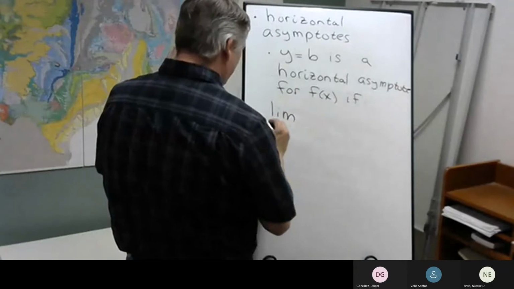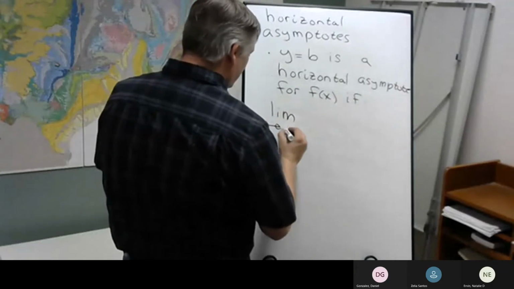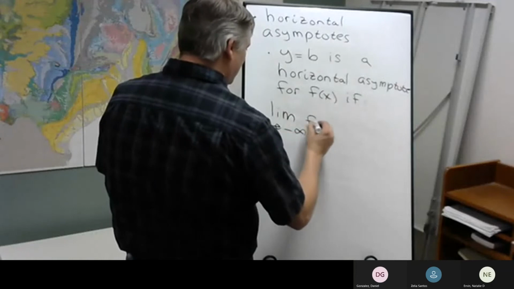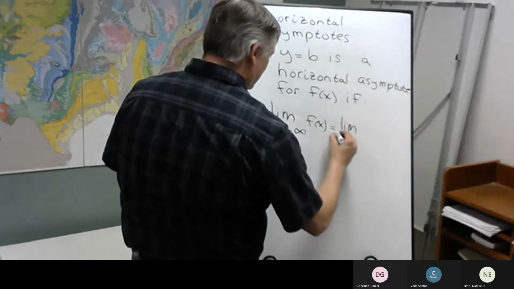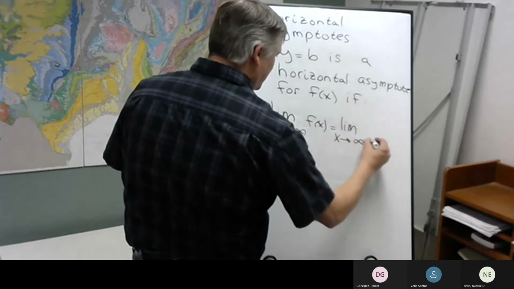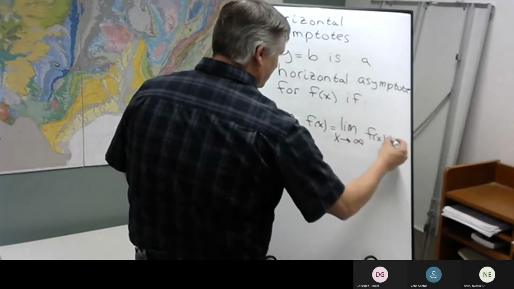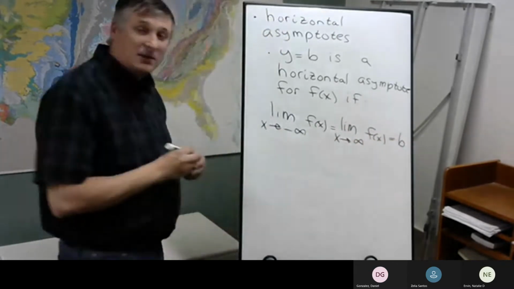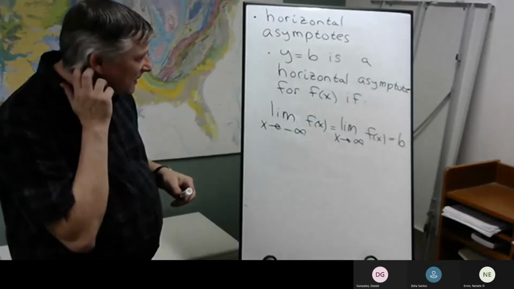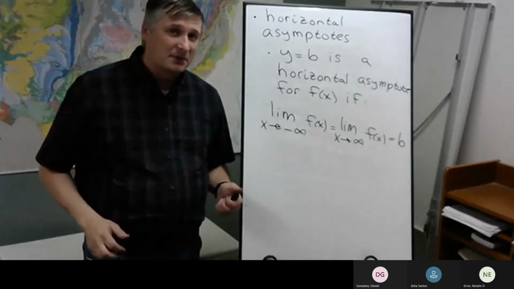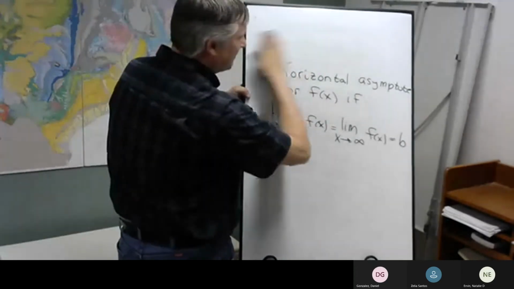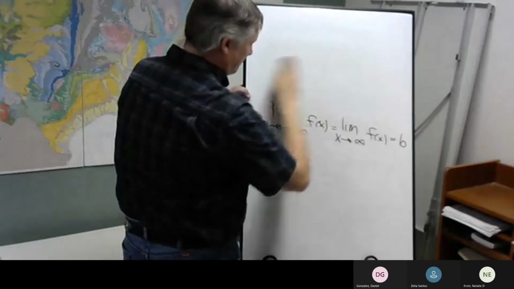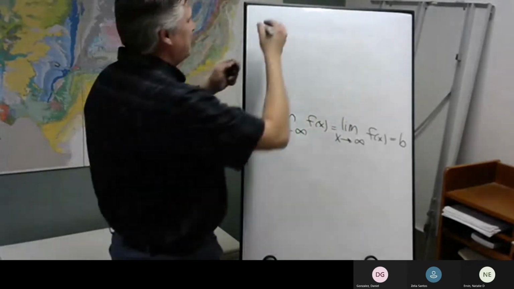The limit as x goes to negative infinity of f of x equals the limit as x goes to infinity of f of x is equal to b. So that's how we know we've got a horizontal asymptote. So, for example, let's say we have this.